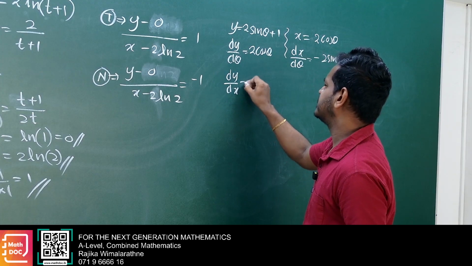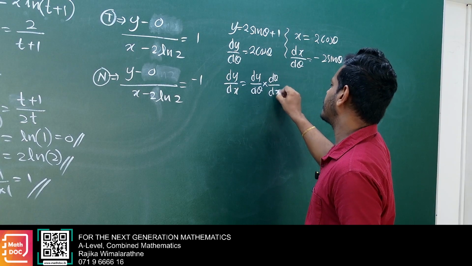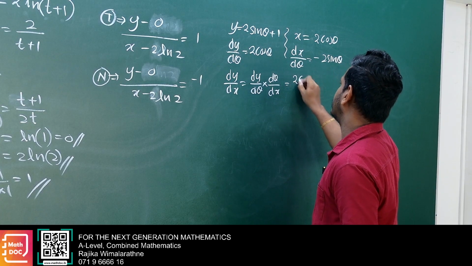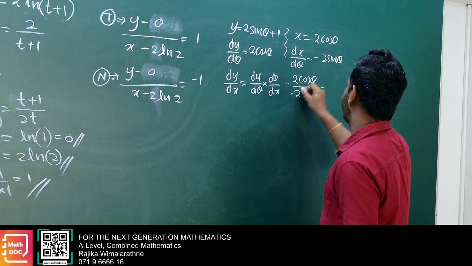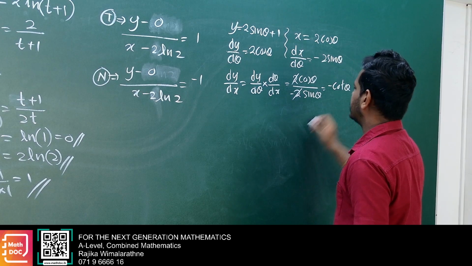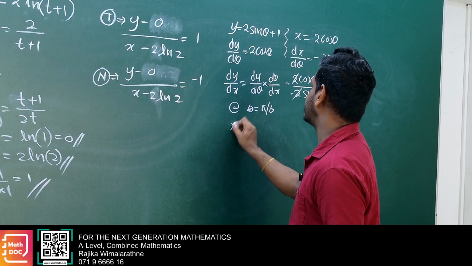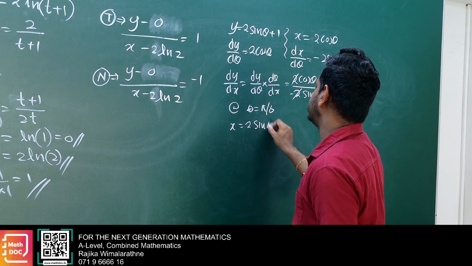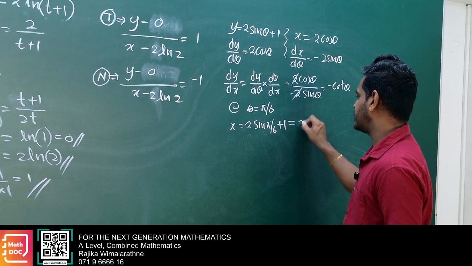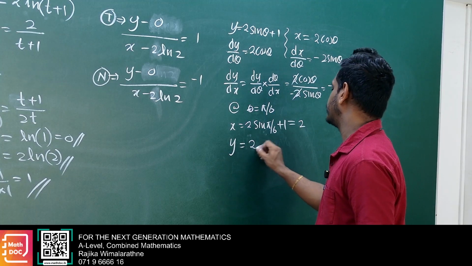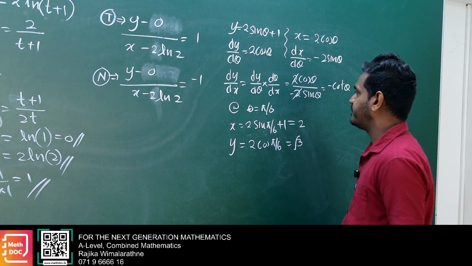Then dy by dx is dy by d theta times d theta by dx, which is 2 cos theta over minus 2 sin theta, giving minus cot theta. Then at theta equals pi by 6, x is 2 sin pi by 6 plus 1, so half times 2 plus 1 is 2. Then y equals 2 cos pi by 6, root 3 over 2, so that is root 3.